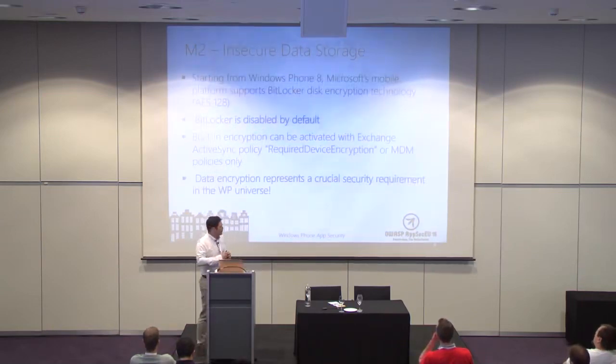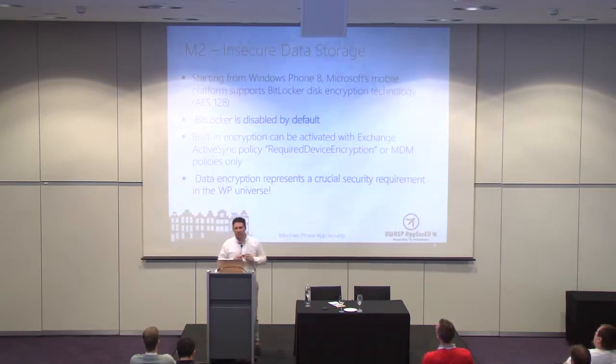By the way, the Windows Phone platform, starting from the version 8, introduced the BitLocker technology in order to provide a built-in mechanism to perform the encryption of the disk. The bad news is that the BitLocker feature can be enabled only if we use our device in an enterprise context.